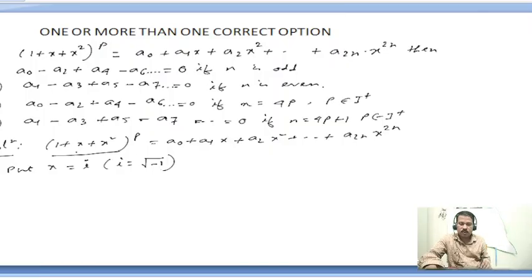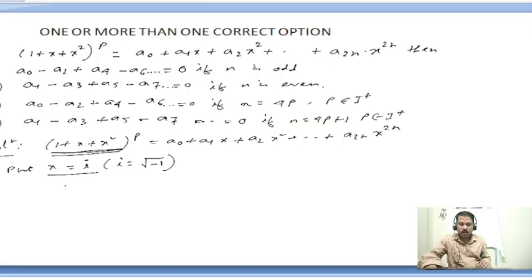Now the question is how we can realize that here we put x equals to iota. Look at this. This has no real roots, only complex roots. So we put here x equals to iota.